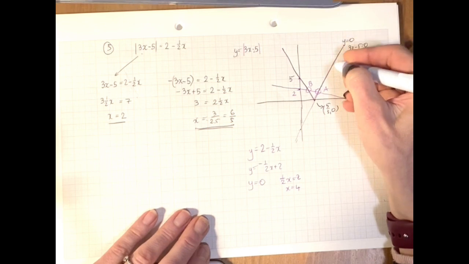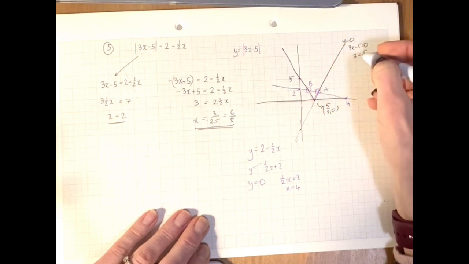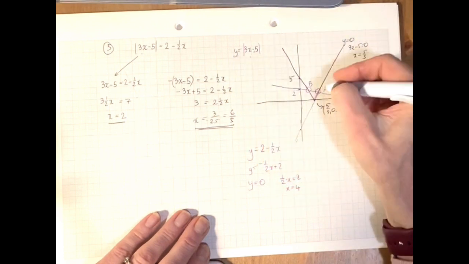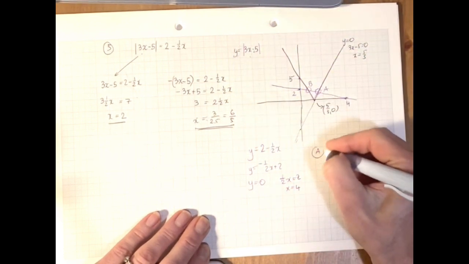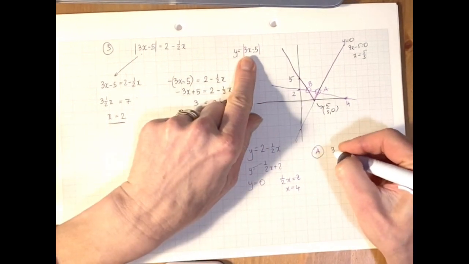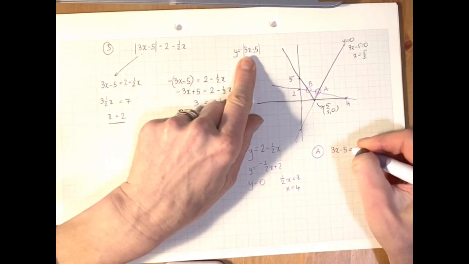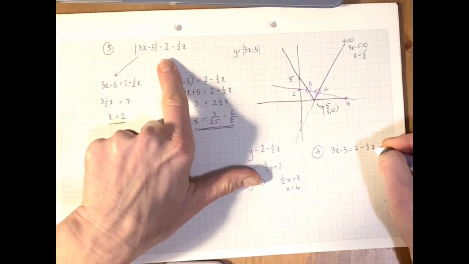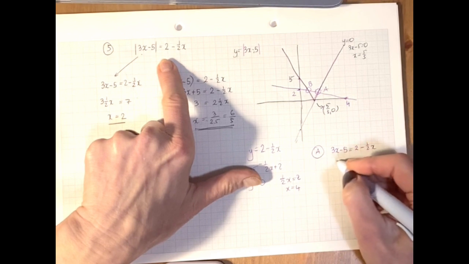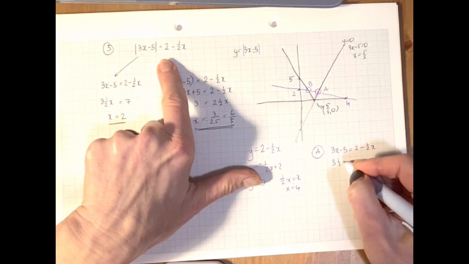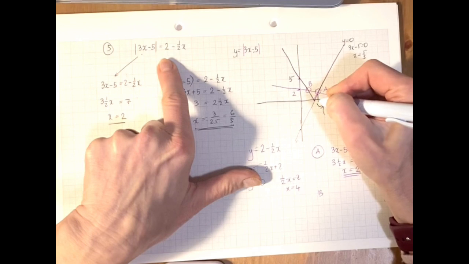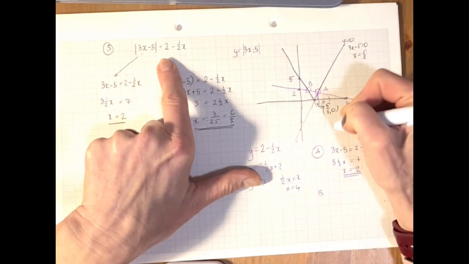Now this line is the positive branch of y equals modulus of 3x minus 5. To find point A, you're going to keep the positive 3x minus 5 and find the intersection with the line y equals 2 minus a half of x. You're going to solve it and get 3.5x is equal to 7, so x is equal to 2 is a solution. We've already done that before.